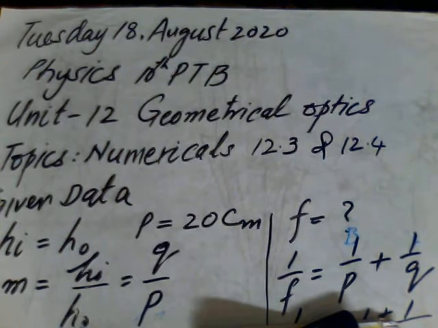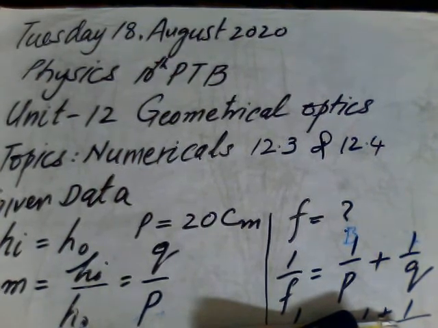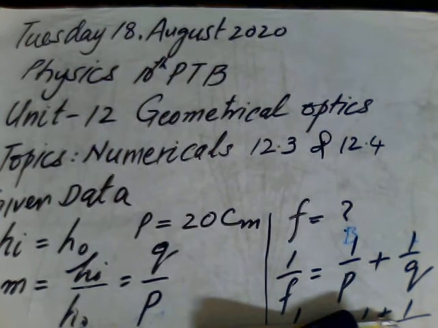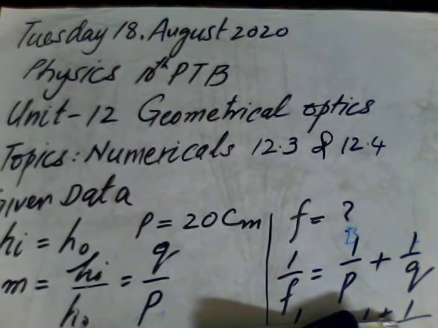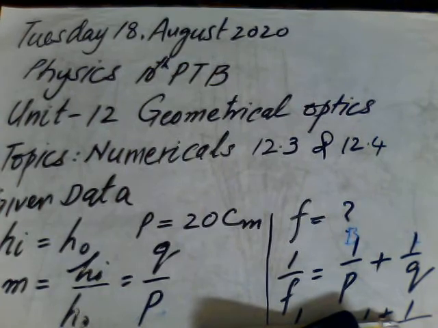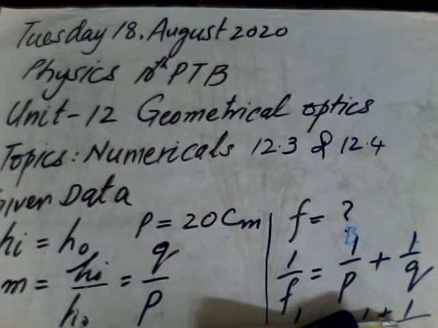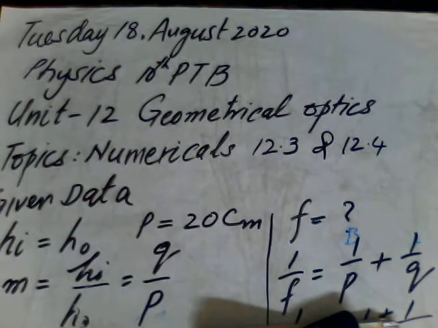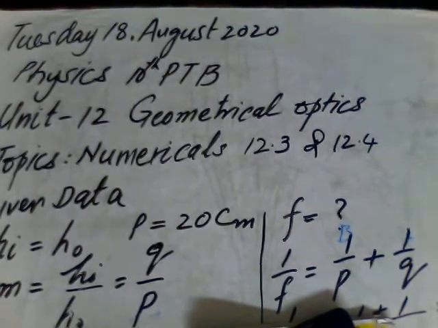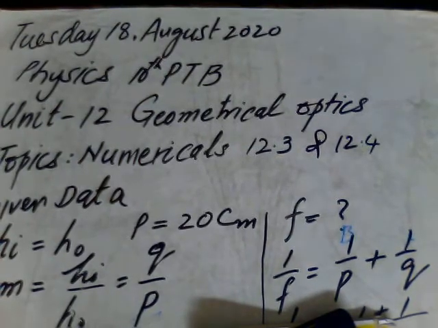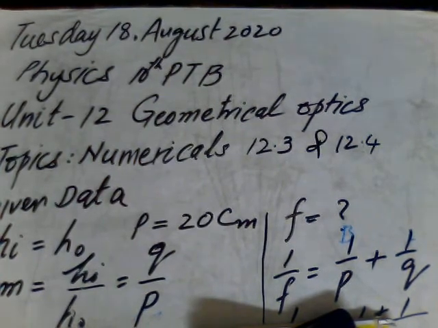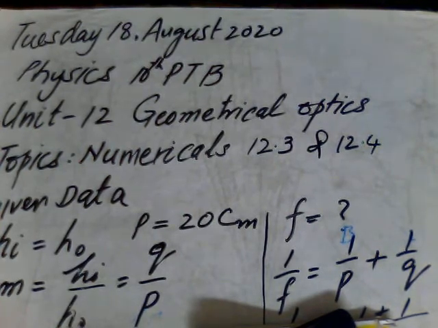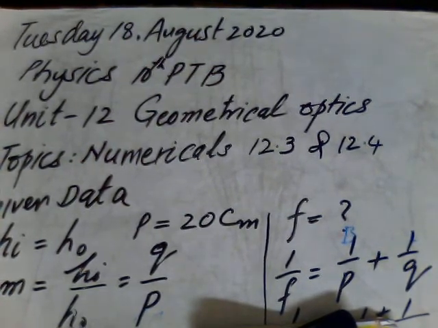Today we are going to solve 12.3 and 12.4. We will solve only those numerical problems that are mentioned in the SMART syllabus. You may have come to know about the SMART syllabus: due to the long holidays, the government education department has reduced the syllabus.